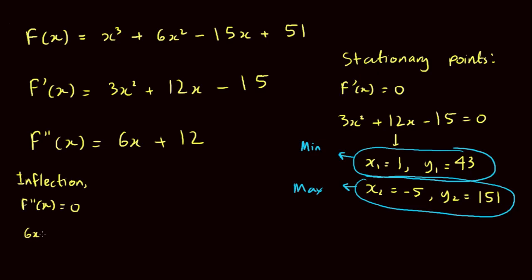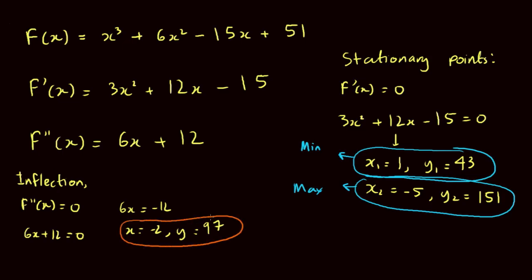So 6x plus 12 equals 0, 6x equals negative 12, x equals negative 2, and therefore y equals x cubed plus 6x squared minus 15x plus 51, which at negative 2 is 97. This is what we call our inflection point. I'm going to highlight this in orange.